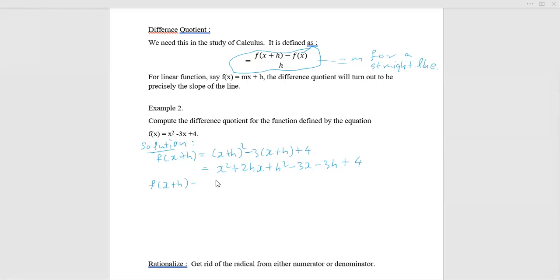Now we're going to calculate f(x plus h) minus f(x). f(x plus h) is what we calculated here: x squared plus 2hx plus h squared minus 3x minus 3h plus 4, minus f(x). f(x) is the given equation, x squared minus 3x plus 4.